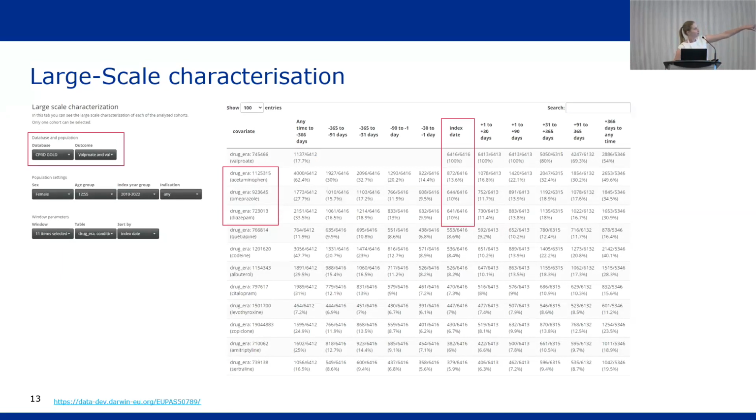As you can see in the red box, this is the index date when people start the medication. So you see for the first row, this is valproate. People didn't use valproate in the year before. This is a new user cohort study. Then we can sort co-medication by frequency and look at which co-medication people typically take when they start the drug, or before or after.